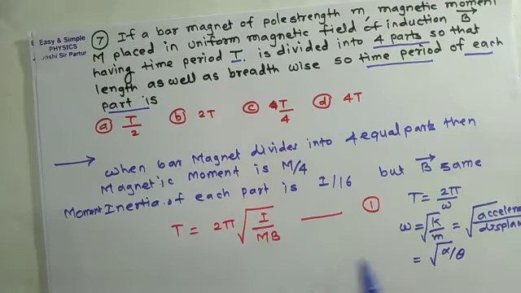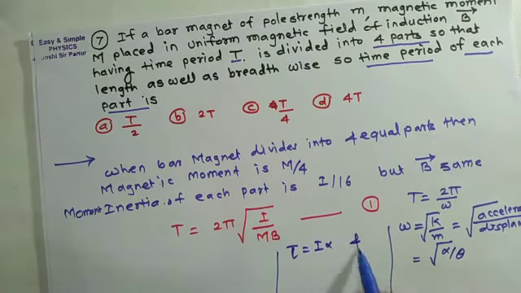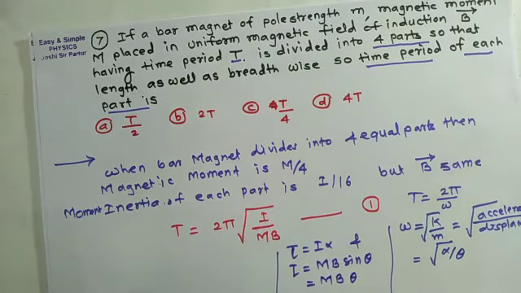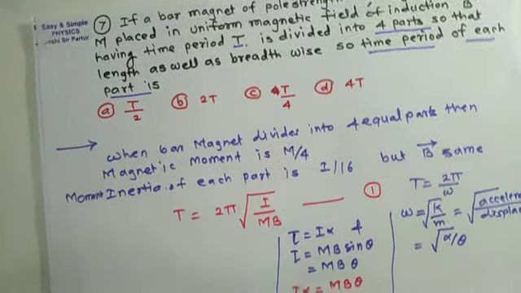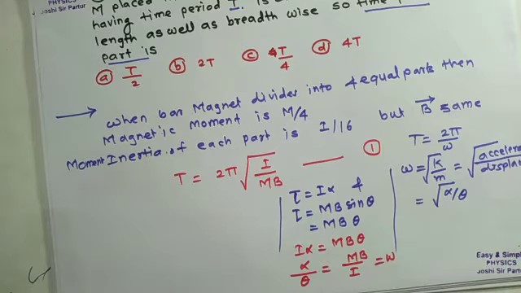Here we know that torque is equal to I alpha, and torque acting is equal to MB sine of theta, which is MB into theta. So if we equalize, I alpha equals MB theta, so alpha upon theta equals MB upon I, which is omega squared. By substituting the value of omega, we can find the time period.